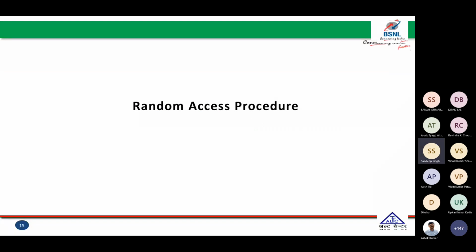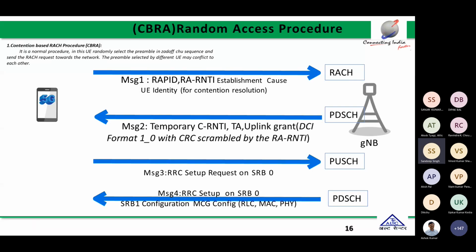Now the random access procedure. After the downlink synchronization and after reading the SIB1 message, the UE knows which RACH parameters to use, right? There are 4 steps in the random access procedure, and there are 2 types of random access procedure.